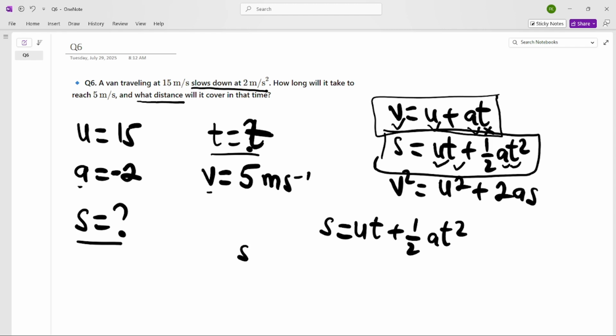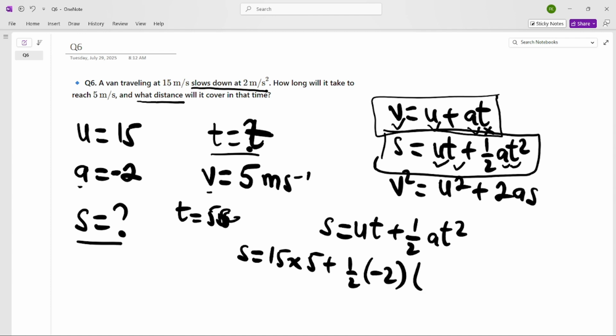So s is equal to u, which is 15, times t, which we just found. t was 5 seconds. That means 5, plus half, a is negative 2, remember the negative, that means times t squared, which is also 5. So you can put these two things together, then you solve it and find the value for s.